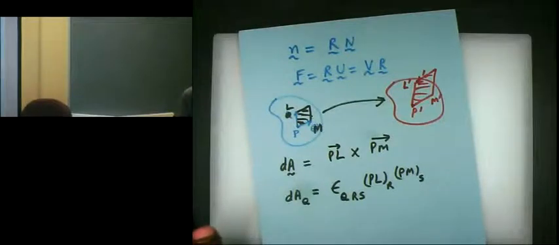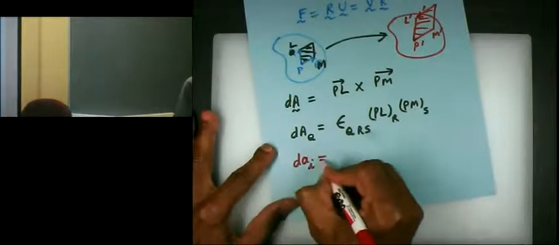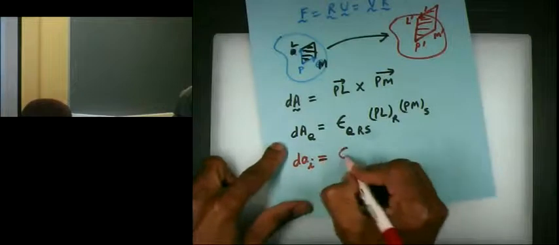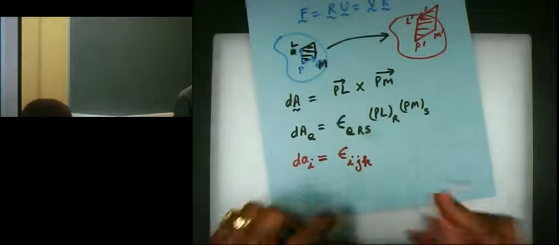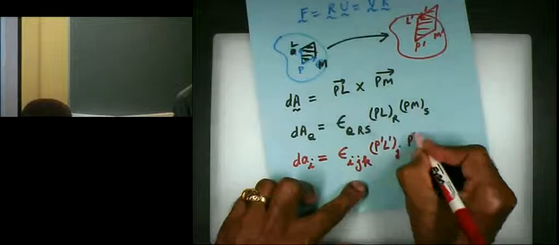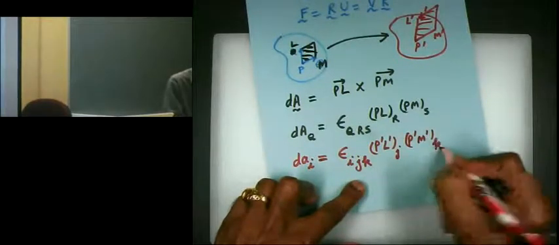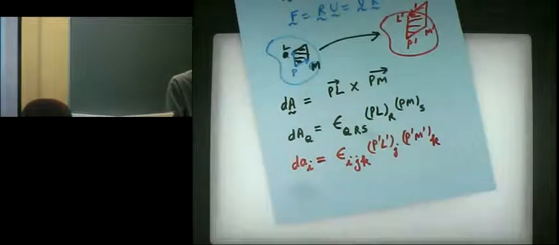So we need to write area in the deformed state now. And you already have the answer on the sheet. All we need to do is use different notation now. It's still a permutation symbol, but now we have P prime L prime J, P prime M prime K. Remember, a vector has both magnitude as well as direction.